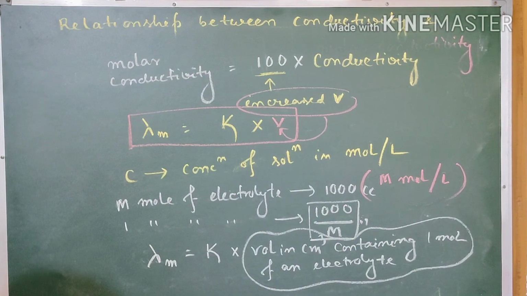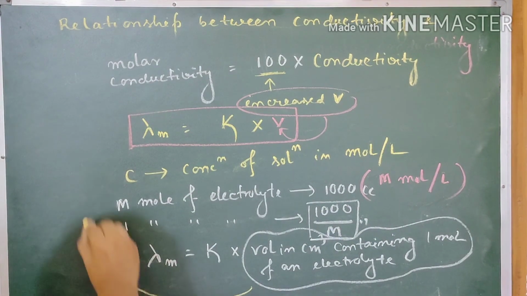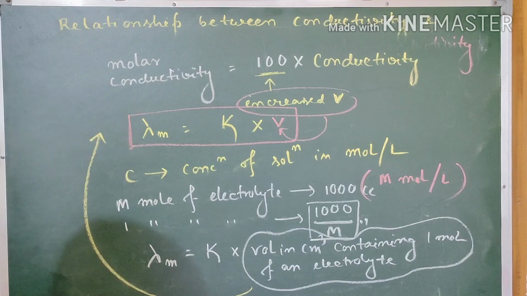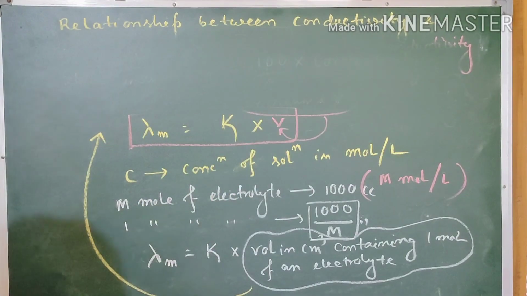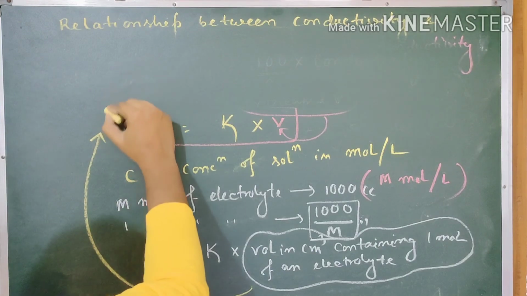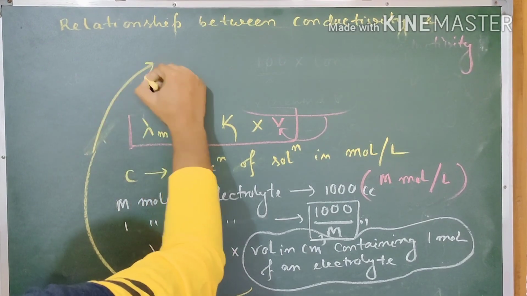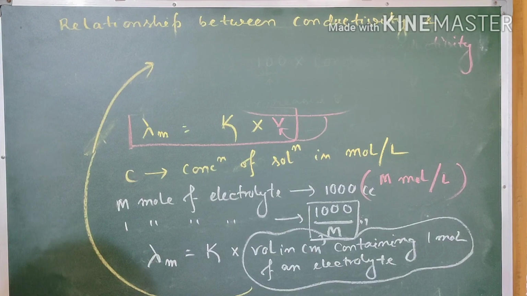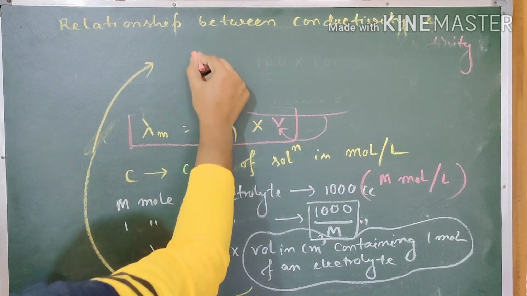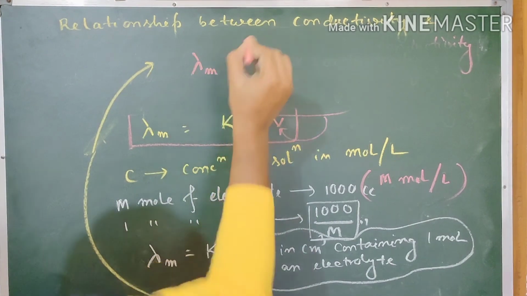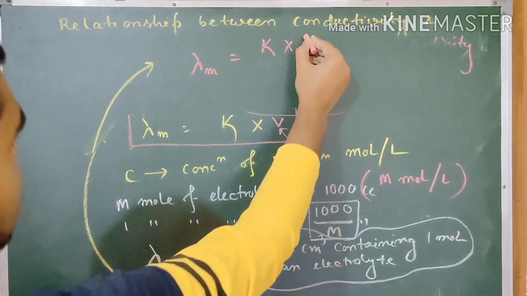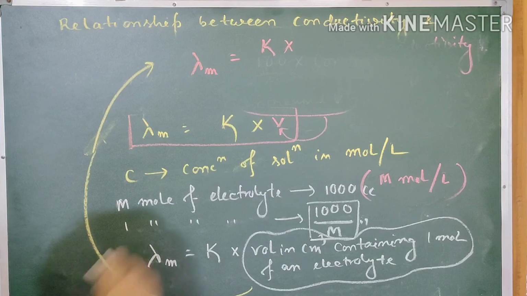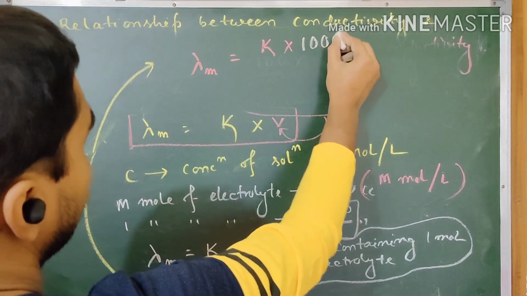So from here only we can write that lambda m is equal to kappa into 1000 by m, which is what we have calculated.